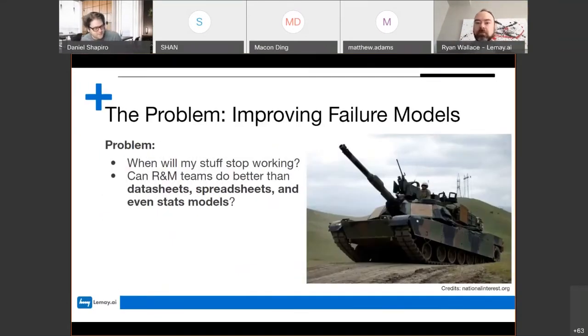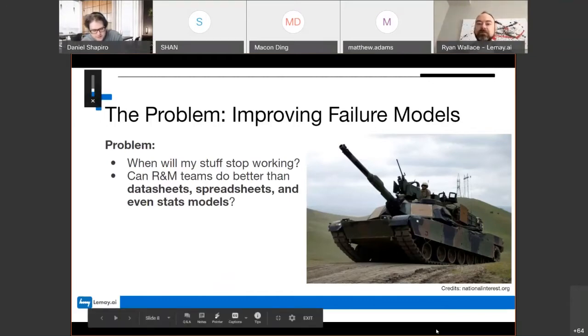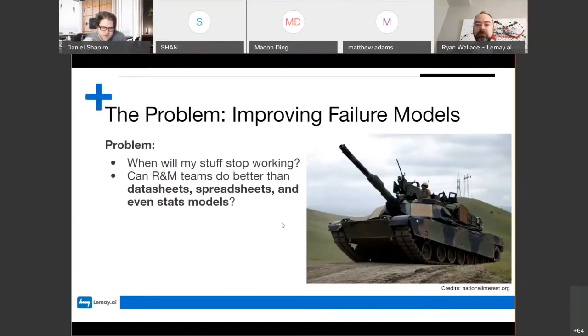Looking at the failure history and other stuff to figure out what to do. R&M teams do a good job of this, but maybe it can be done a bit better. The way this is done now is a combination of testing in labs that create spreadsheets, and then following those spreadsheets' failure curves.